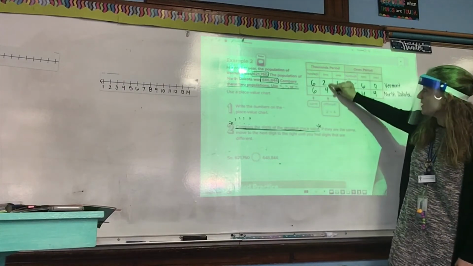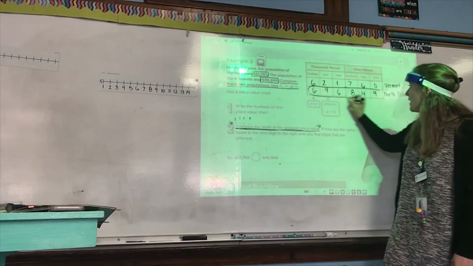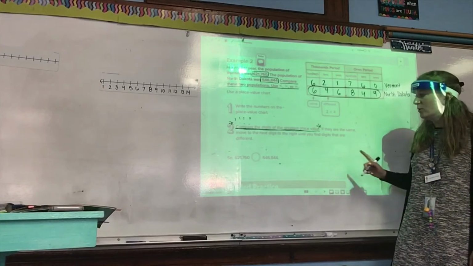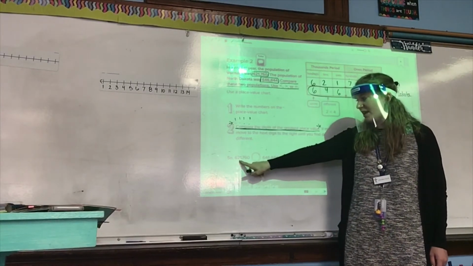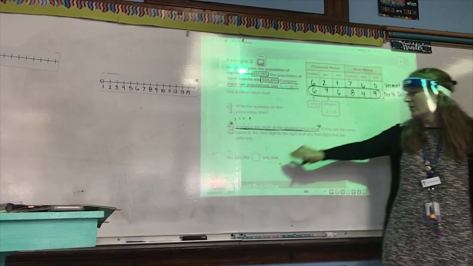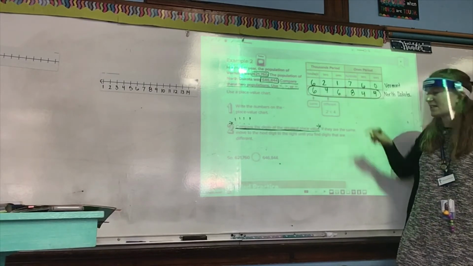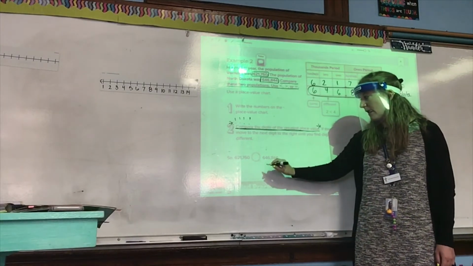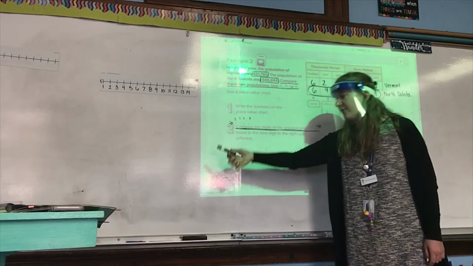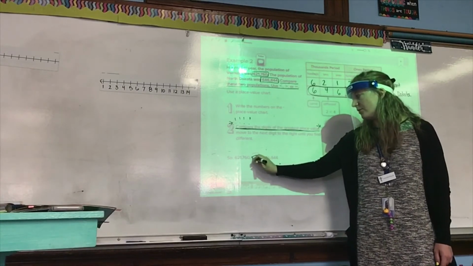We know that 4 is greater than 2, so this number has to be greater. So, 621,760, is it greater than, less than, or equal to 646,844? Less than. So which way is the alligator's mouth pointing? To the left or to the right? To the right.